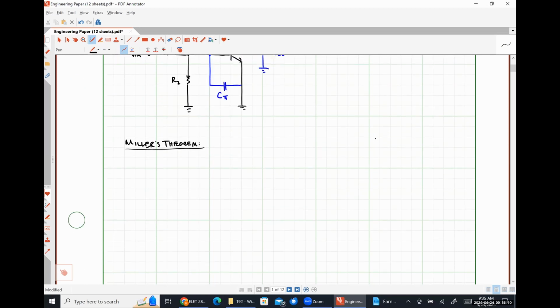So let's say that we have a two-port network. Okay. So I'm going to call this node X. I'm going to call this node over here Y, such that we have some voltage here Vx, and we have a voltage here Vy.